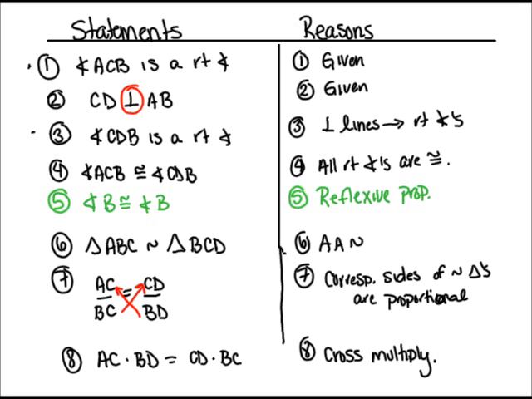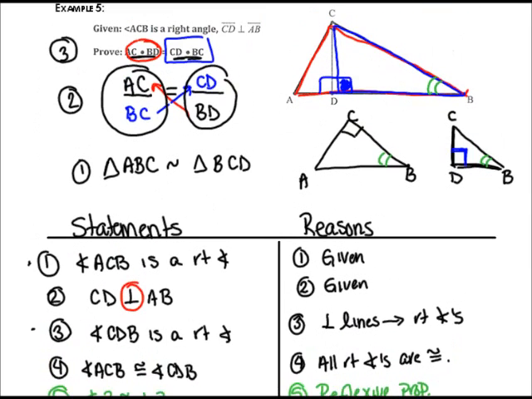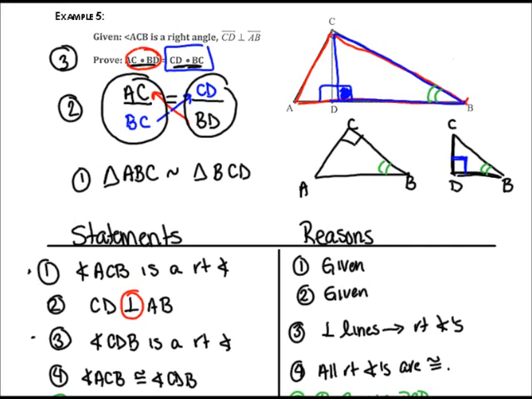And that ends our proof. You always know at which point you're going to end by looking at the prove statement. So in some cases you can end at just setting the sides proportional to each other, and in some cases you have to actually cross multiply.